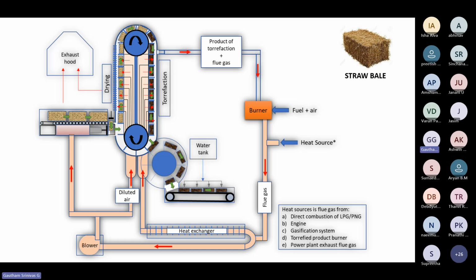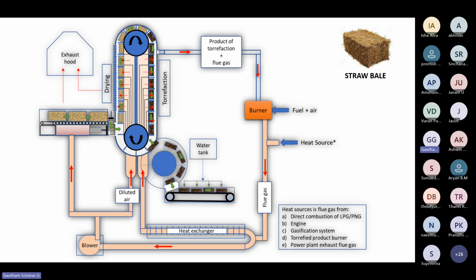Now here we have a lock hopper mechanism, then a conveyor again. The biomass here is at more than 300 degrees Celsius, so on this conveyor there is a spray of water from a water tank above. The water just evaporates as soon as it falls, and the biomass does not absorb any of this water because of its hygroscopic nature.